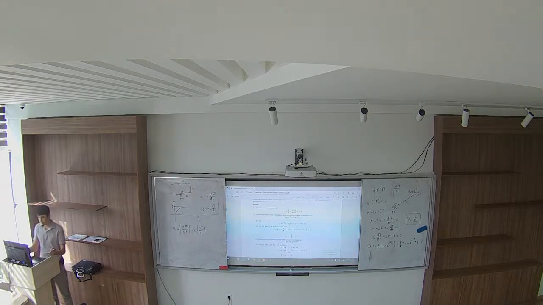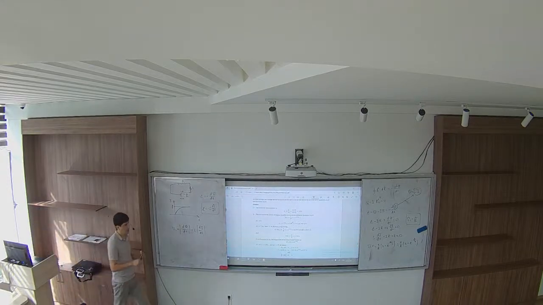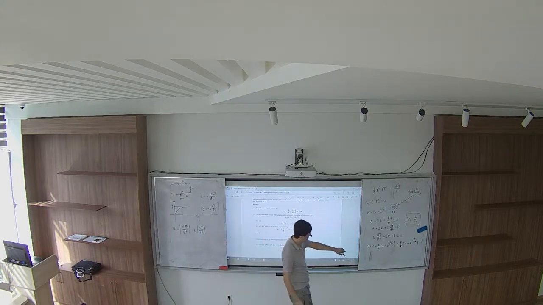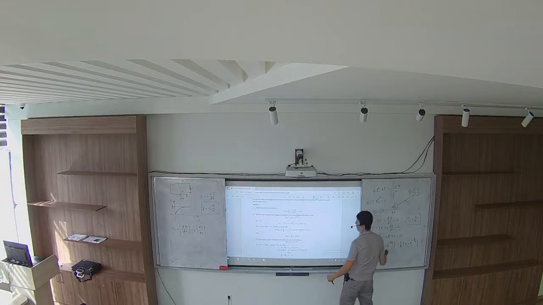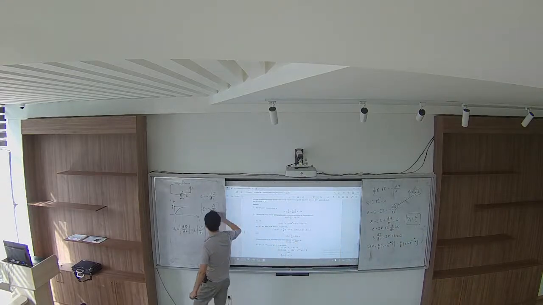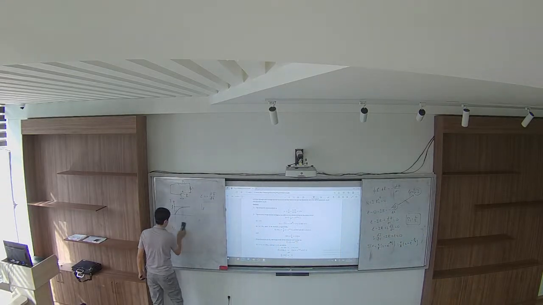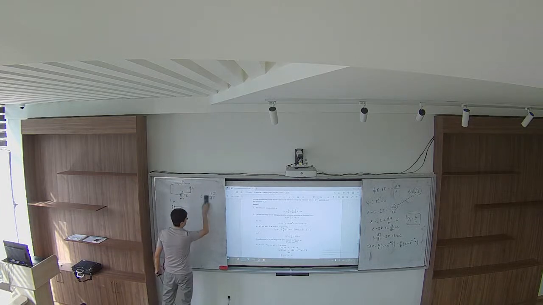Here is the first solution, and we have the current equation here. Question B was t equals what? 0, right?